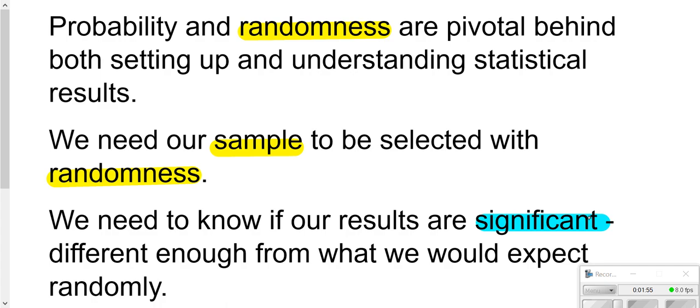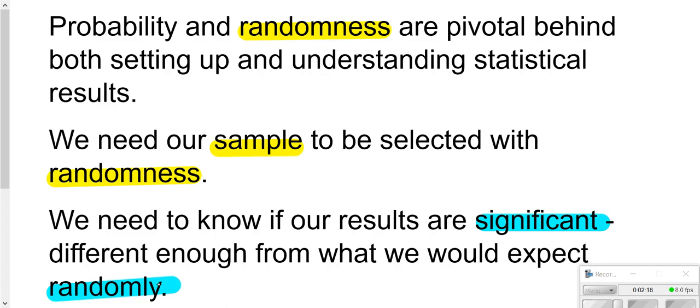A statistically significant result is one that is different enough from what we would expect just through random variation. An example that I use a lot, and I think this is because I have seasonal allergies and it's spring right now, is testing an allergy medication.